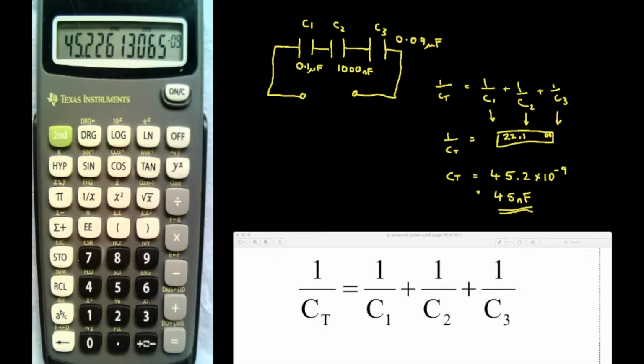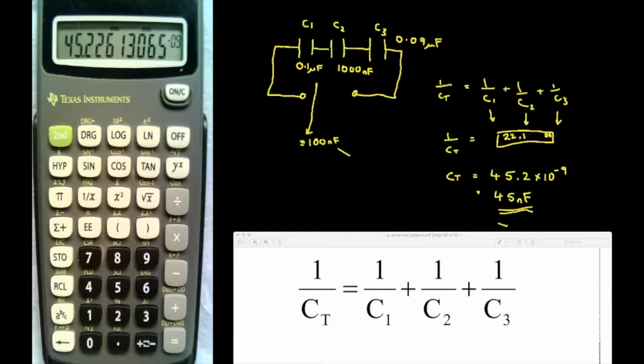So 1 microfarad would be 1000 nanofarads. And I've got 0.1 microfarad in C1, which is the same as 100 nanofarads. So that's an interesting figure, that this one here is equivalent to 100 nanofarads.